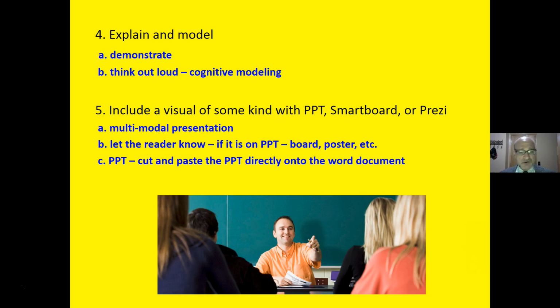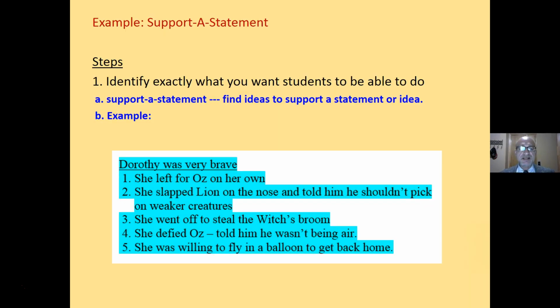If you're using a PowerPoint, it's a very simple thing to cut and paste a PowerPoint slide directly into a Word document so you can see exactly what you are doing. Now, for some students, it's usually easier if you plan the lesson first and then create the PowerPoint. It's very difficult to create a PowerPoint and then do the lesson. All right. An example of a purpose statement. You need to identify exactly what you want students to be able to do.